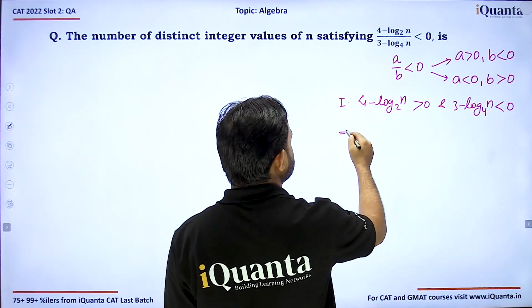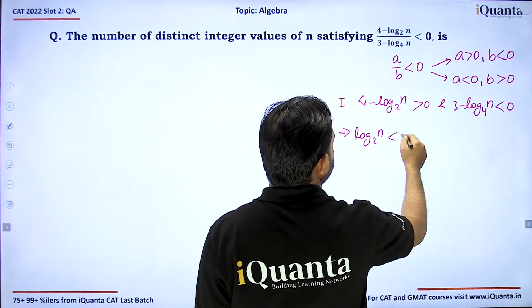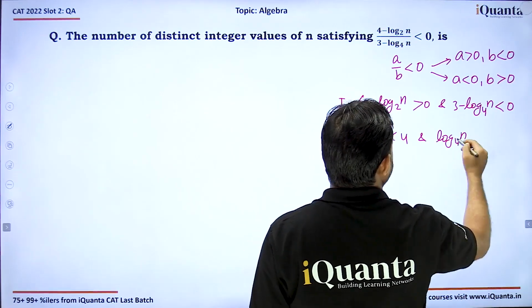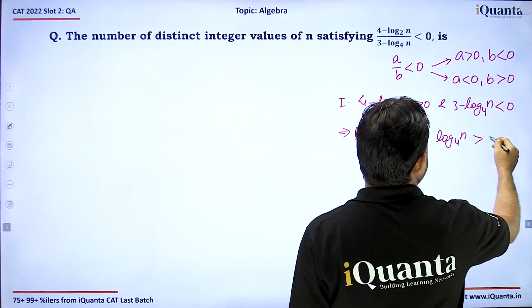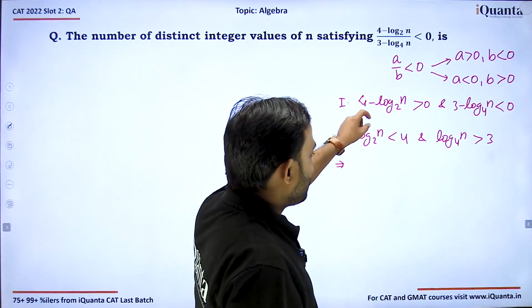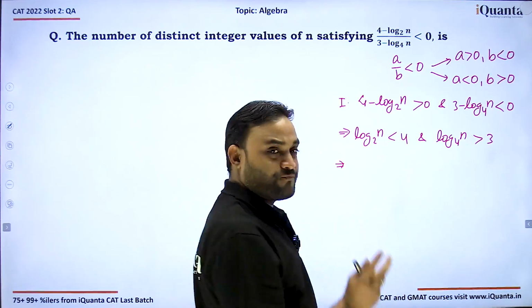So here we can say log n base 2 will be less than 4 and log n base 4 will be greater than 3. So n should be something so that we get 4.